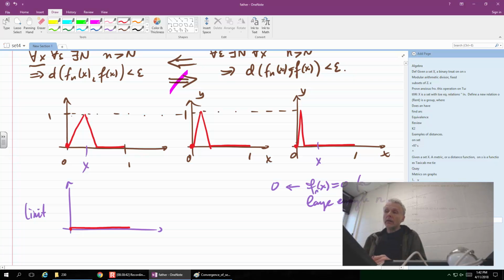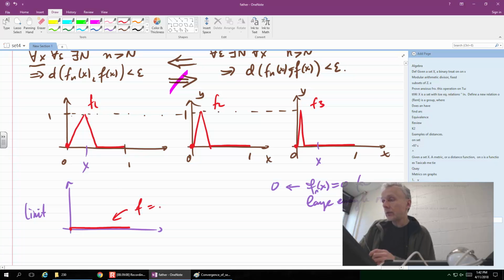Okay, and then as that flat part is getting wider and wider until eventually it reaches the whole thing, it will pass every single value of x you can imagine, which means that at that value of x the convergence will be towards 0, and therefore the limit of this sequence is 0. So this is f1, f2, f3, and this is f equal to the limit of f_n.